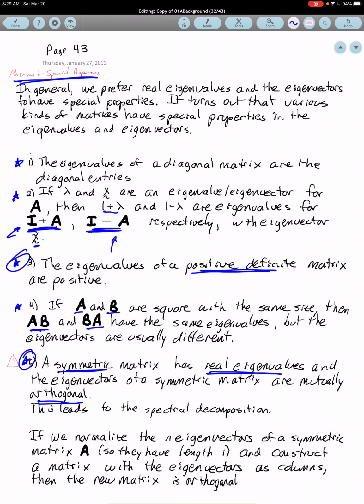The product of these two matrices, no matter what order we do it in, so if I take the product AB or I take the product BA, we end up with the same eigenvalues, but we end up with different eigenvectors. So that's something to know. The eigenvalues, I'm going to think of those as magnitudes, are going to be the same, but the directions, the eigenvectors, are different.